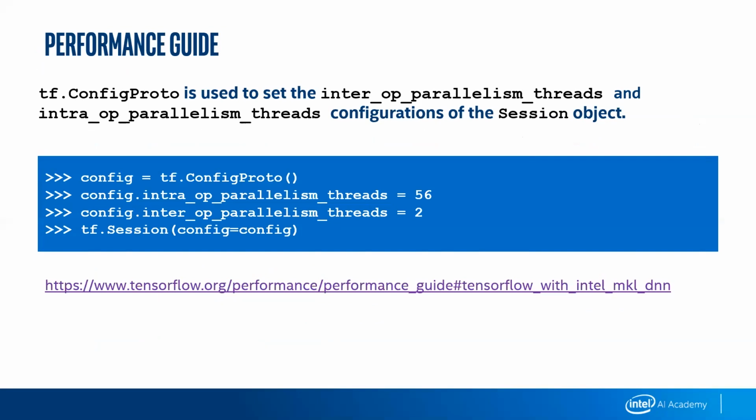By just setting these variables, you can get any TensorFlow session runtime to be configured so that every time it encounters a TensorFlow graph, it knows it has the ability to run 2 graph nodes in parallel, and each graph node can create a maximum of 56 threads, right? So it can do that.